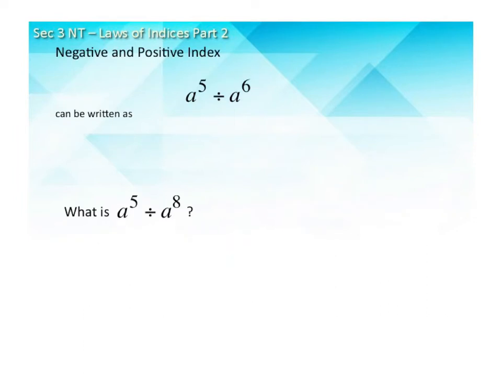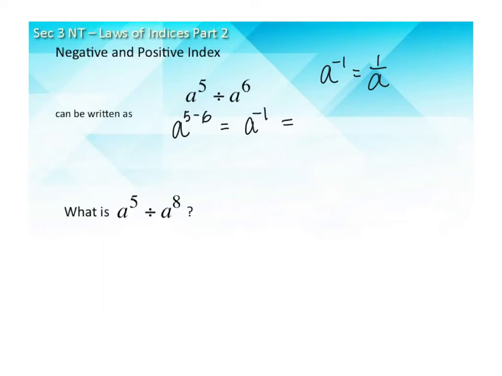So now we know that the negative indices, a to the power of negative 1 is 1 over a. We can use this on other types of questions. For example, a to the power of 5 divided by a to the power of 6 is a to the power of 5 minus 6, which is a to the power of minus 1.